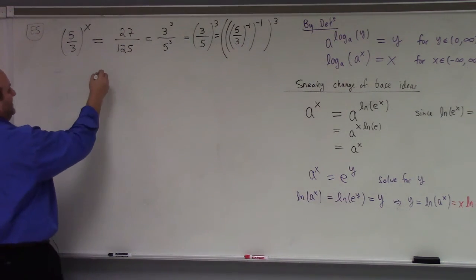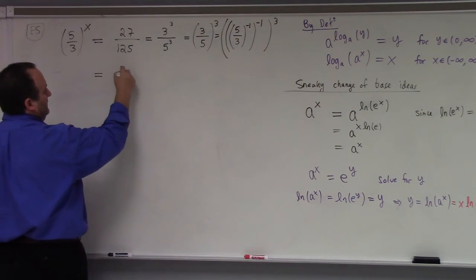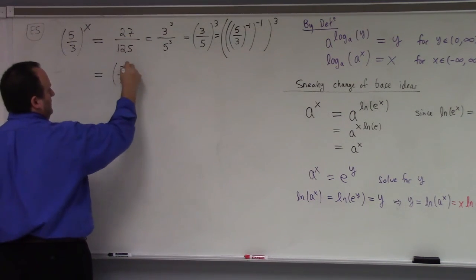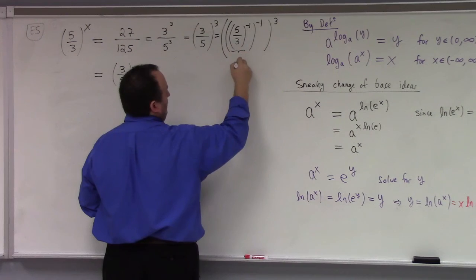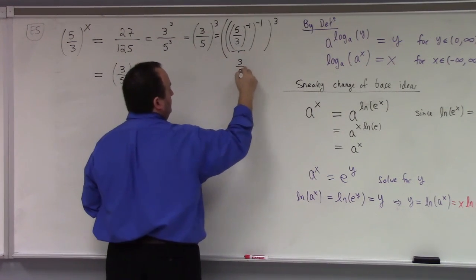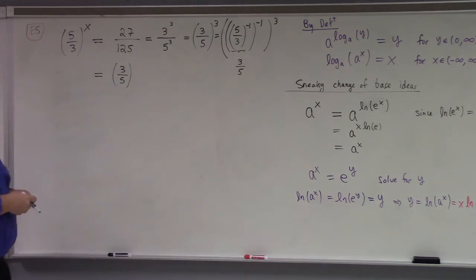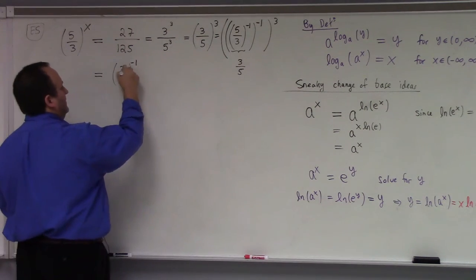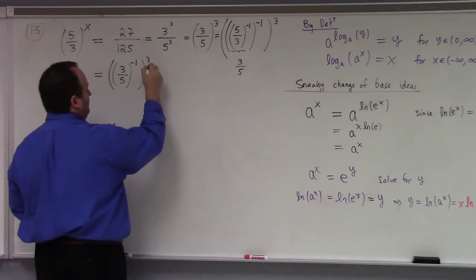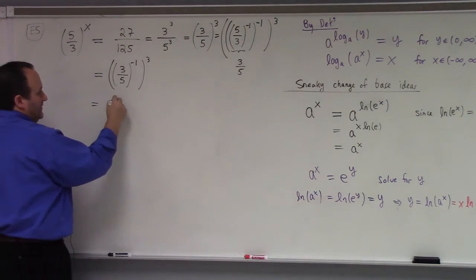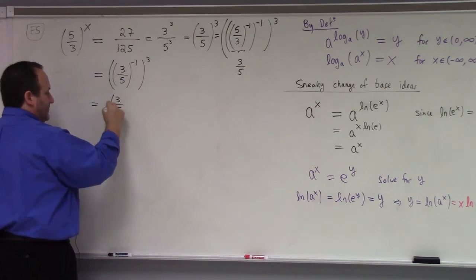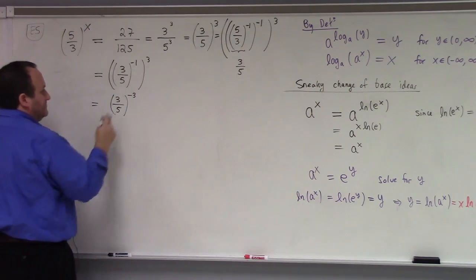In other words, this is equal to 3/5, because the reciprocal of 5/3 is 3/5. But then that's raised to the -1 power, and then I'm cubing that, right? By the law of exponents, I multiply the exponents. So I've got (3/5) to the -3 power.